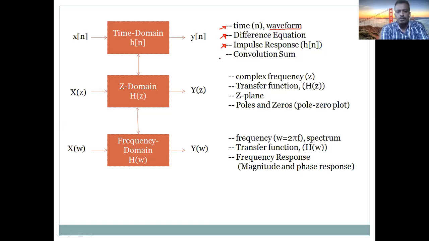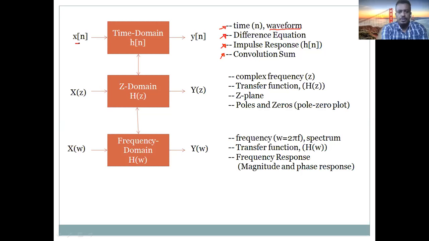And we have discussed also what we call the convolution sum. It is a mathematical formula to determine the response of a discrete time system, y of n, given the input and impulse response.